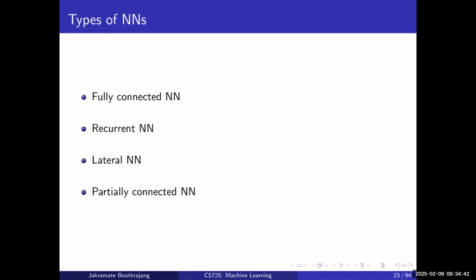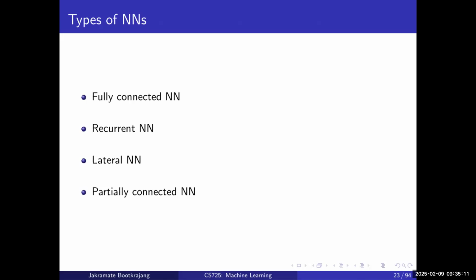And after the first introduction of the neural network, we have many ways to build a network. And the many ways of building the network can be categorized into 4 types. We have the fully connected neural network, we have the recurrent network, we have the lateral neural network, and then we have the partially connected neural network.